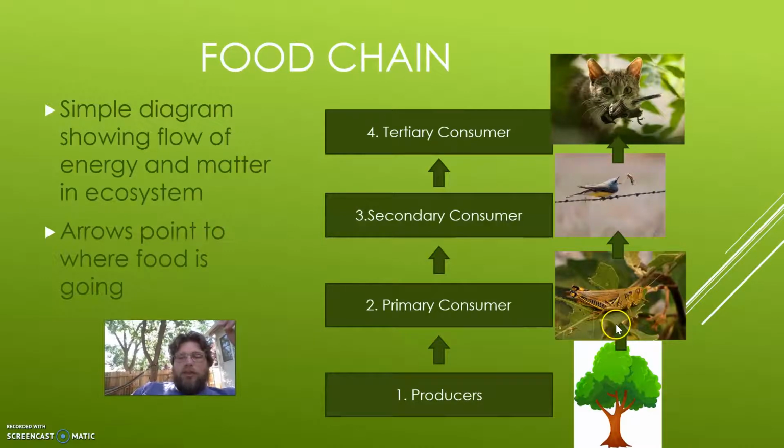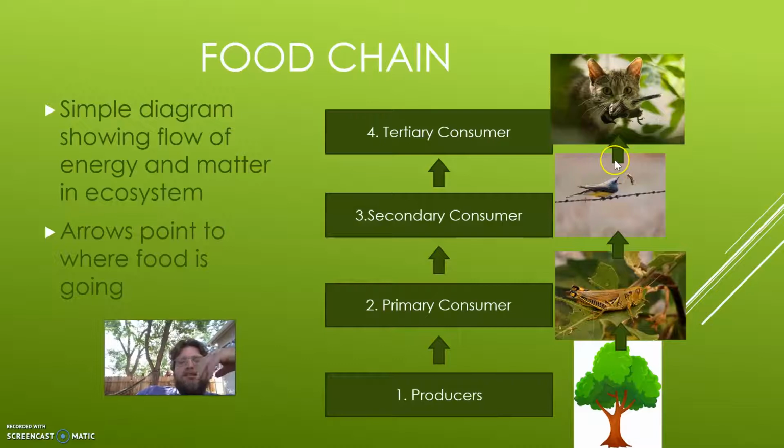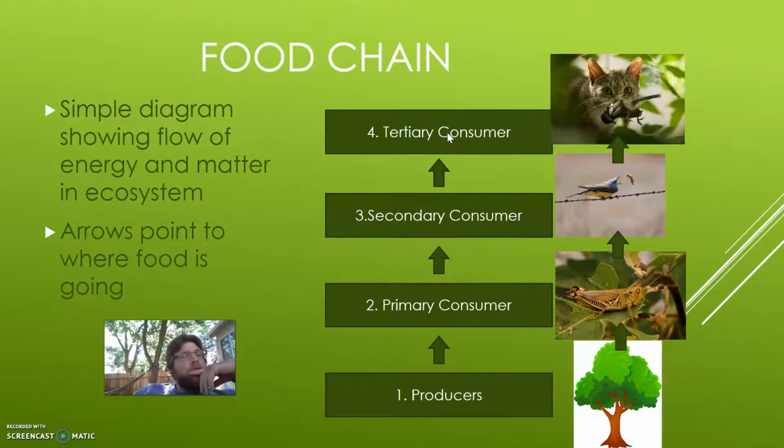You can think of the energy from the leaf going into the grasshopper. Then that grasshopper gets eaten by a bird, a secondary consumer, so we're at trophic level 3, and another arrow shows it. Then we go to a tertiary consumer, one of the many cats roaming around campus, which stalks a bird, eats it, and we go to trophic level 4.